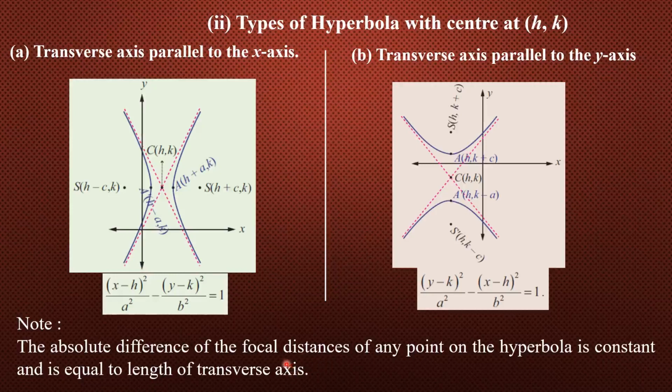So the absolute difference of the focal distances of any point on the hyperbola is constant and is equal to the length of the transverse axis. So the difference between the two focal distances is always equal to the length of the transverse axis. In ellipse, instead of this difference, we have the sum.